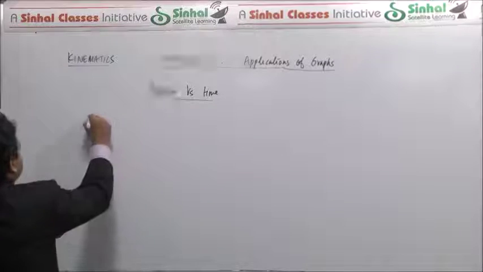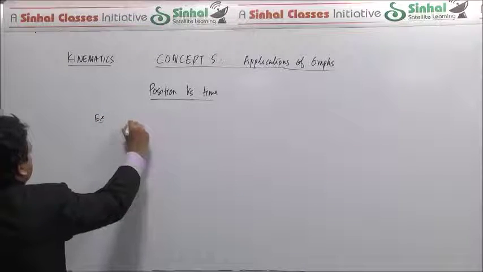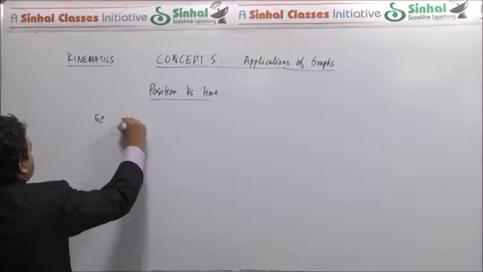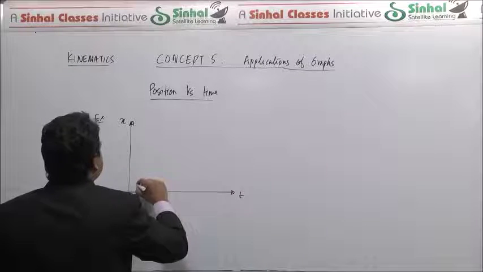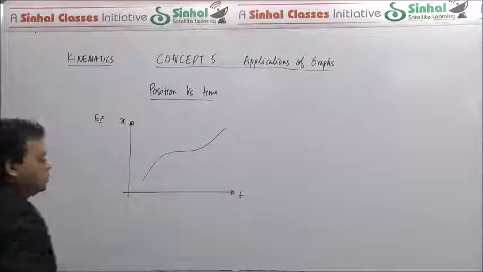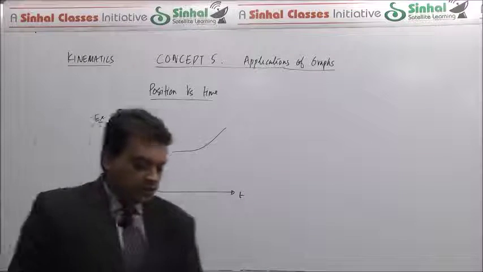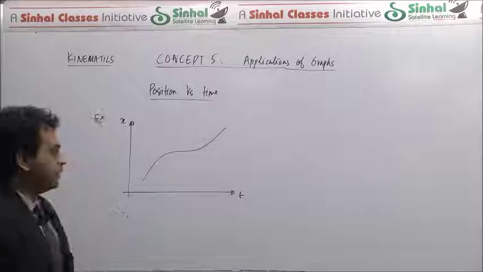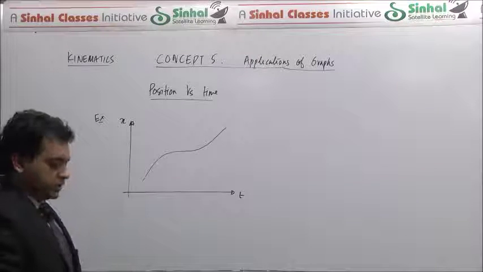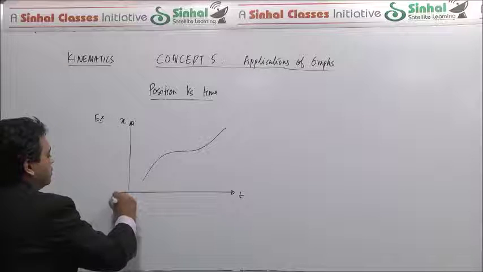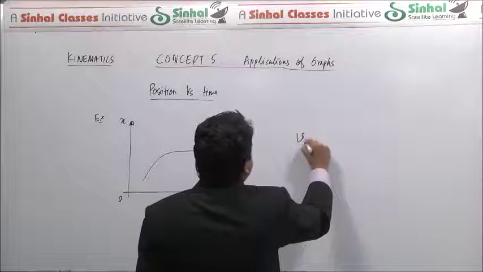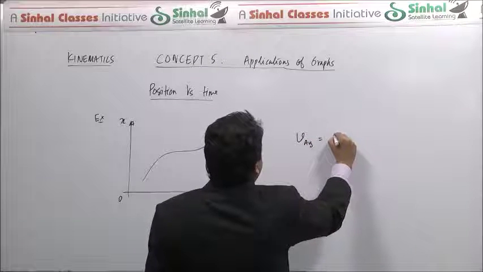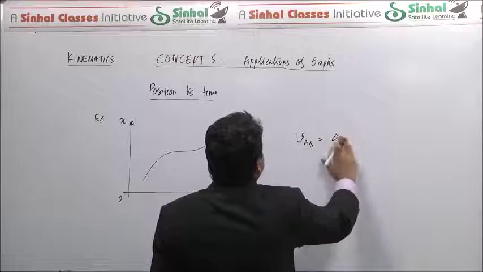So for example, if we have a position x versus time t graph, which maybe looks like this, then other than the fact that it gives us the instantaneous position as a function of time, it can also give us information about velocity.